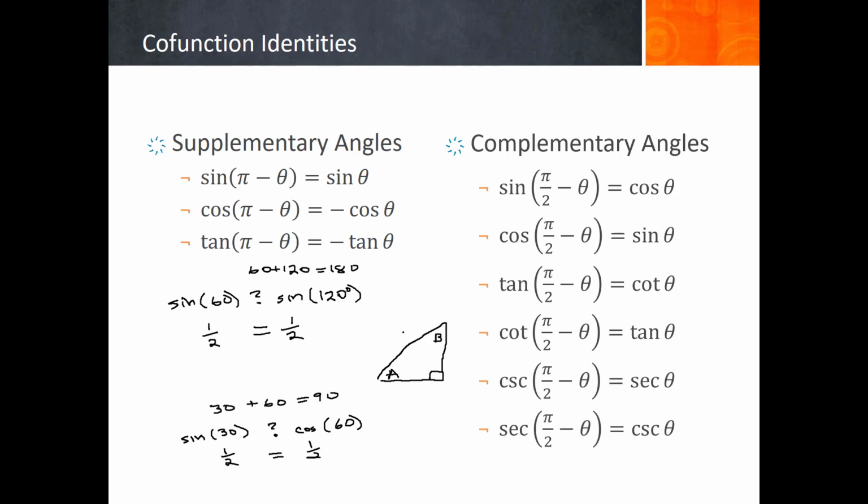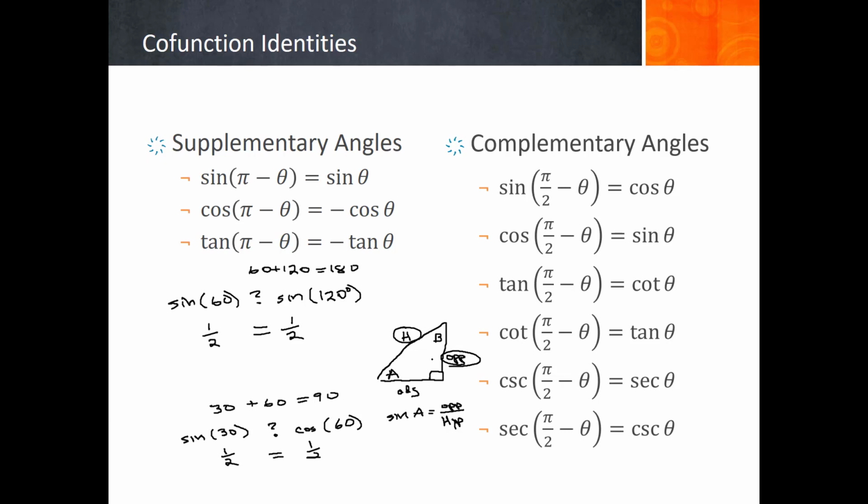Well, we have the hypotenuse, and say we're talking about angle A. So from angle A, we have the hypotenuse, the opposite side, and the adjacent side. The sine of angle A is the opposite over the hypotenuse, right? So that's opposite and hypotenuse.